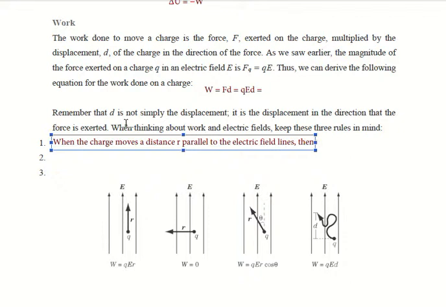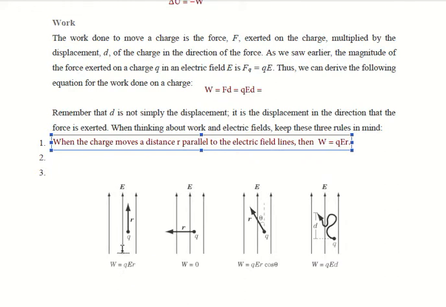So we could just say that Q E d, if it moves a distance r, we plug r in for d, and we could just say work done is Q times E times r. So that's this picture here. Our charge Q is in some uniform electric field, so it has a constant value. We don't have to worry about integrals.